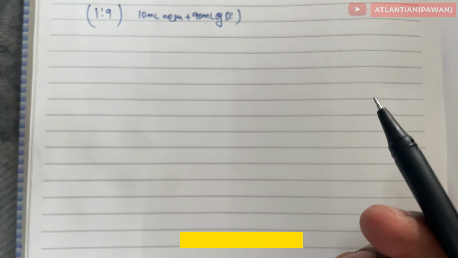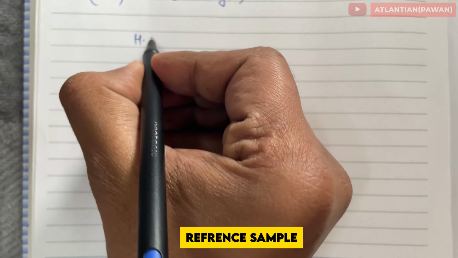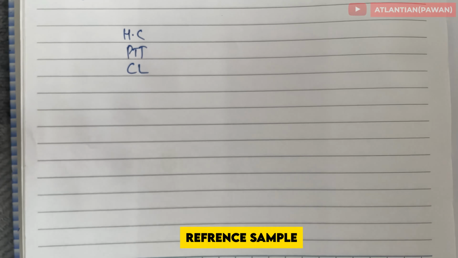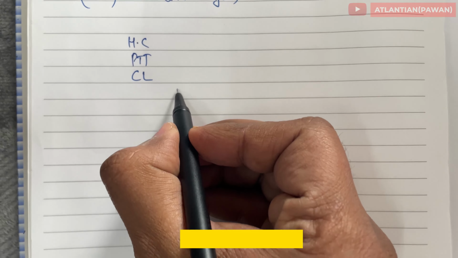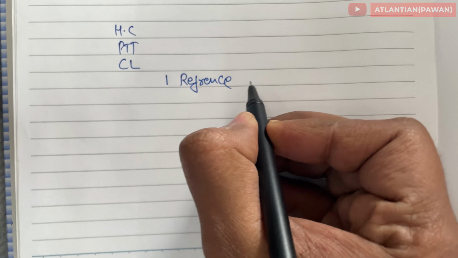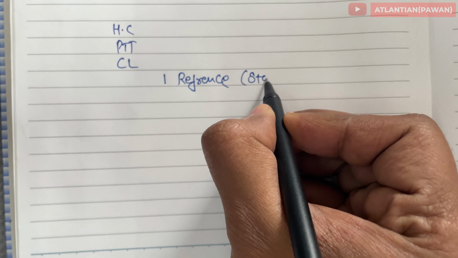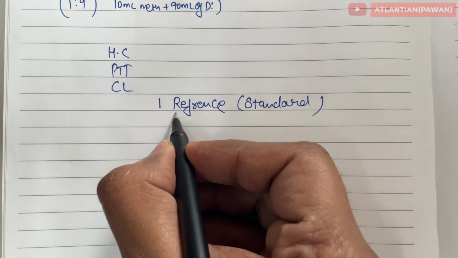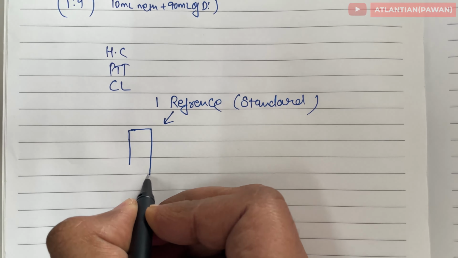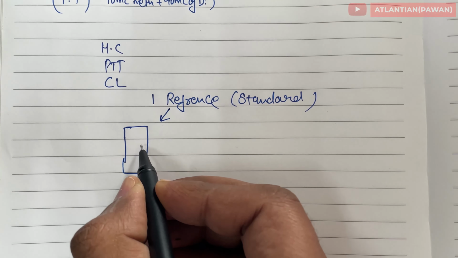Normally when we do any test, let's say a hydrocarbon test, PTT test, or chloride test, or any such test, we always make one reference sample. You can call it a reference sample or a standard sample. The purpose of this reference sample is that whatever test we do is in comparison with this.